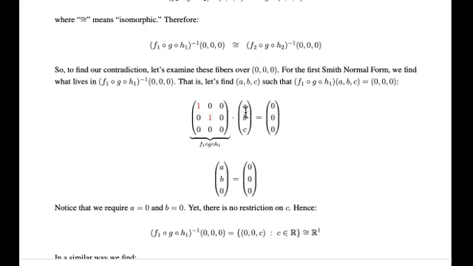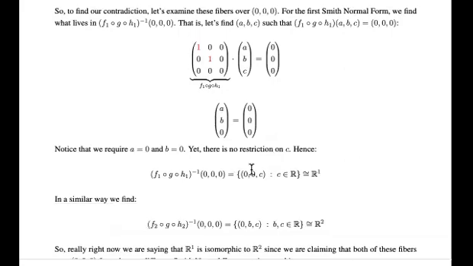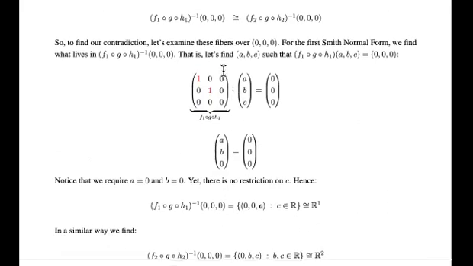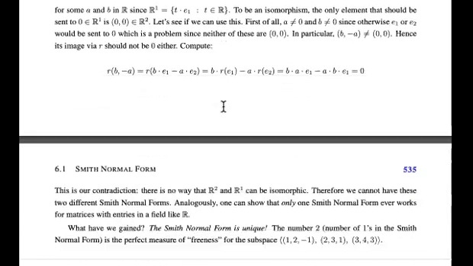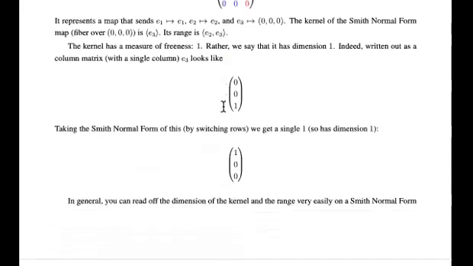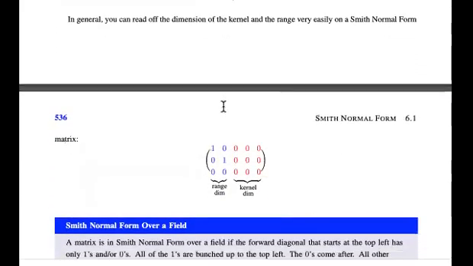So A and B were necessarily forced to be 0 if we're heading to this point, but C could be anything. We actually computed that and we found the dimension. So the actual kernel itself has to be this, which is the preimage of 0. And that happened to do with the number of columns that were zeros. So from a computational standpoint, it's pretty clear to see what the dimension of the kernel is from the Smith normal form, and the dimension of the range.